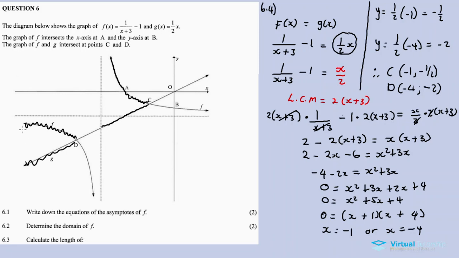So from this point until we reach this point, f is above, g is below. If I go to the right again, f becomes lower and g becomes higher, which is something we don't want. We want f above, g below.